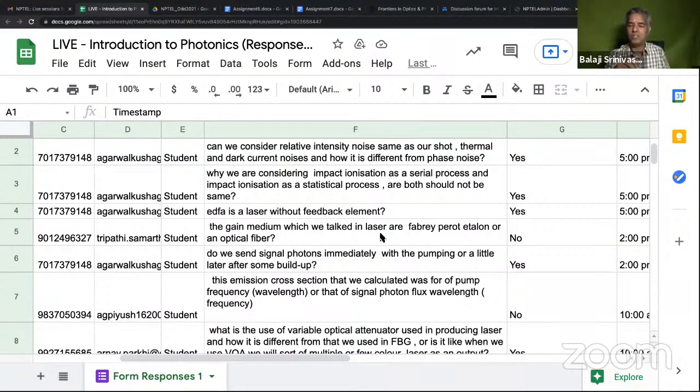The basic cause of a laser is the amplification aspect of it, right? So you start with an optical amplifier, and then you add this feedback on either end, and then you get a laser. Okay, so instead of asking the question this way, you would rather want to ask, does an EDFA with a feedback element make a laser? And the answer would be yes.